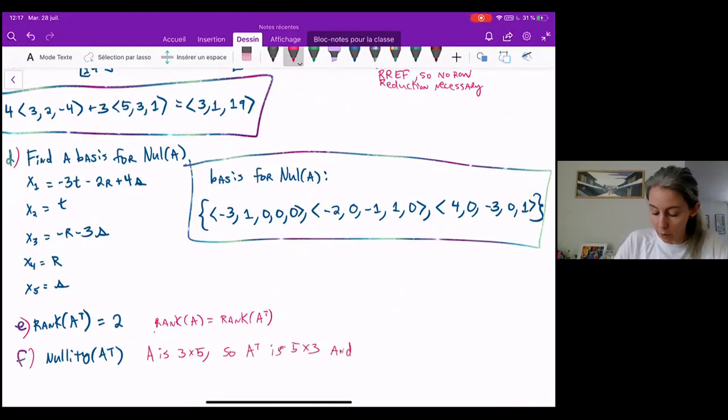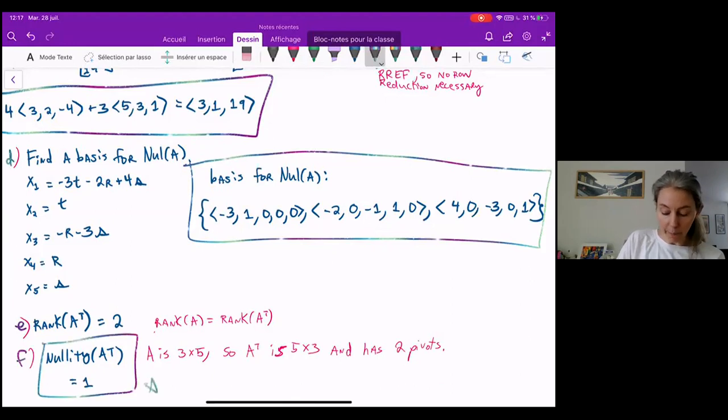We know from E it has 2 pivots, which means there's 1 column left over to be a free variable. So the nullity of A transpose is equal to 1, which, based on what we did on the test, means A transpose x = 0 has 1 free variable or parameter.